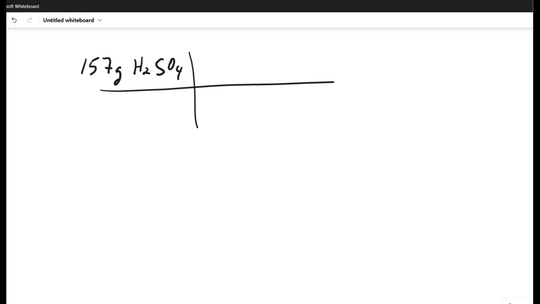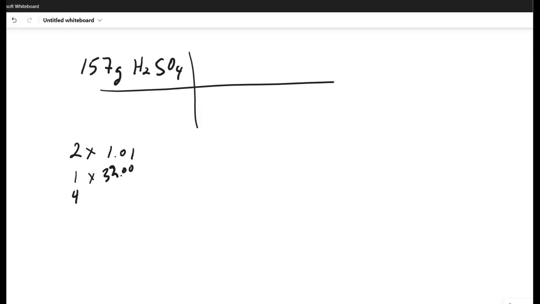All right. How many moles of sulfuric acid in 157 grams? Question 3. 157 grams of H2SO4. We don't need to bring the calculator up. Hydrogen, I've got 2 times 1.01, rounded to the hundredths place. I've got one sulfur, and sulfur is 32.06. And I forgot about my oxygens.